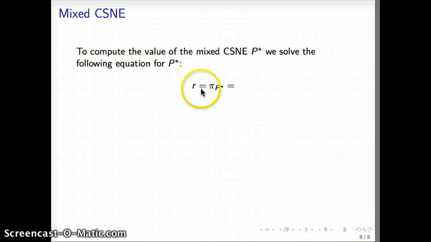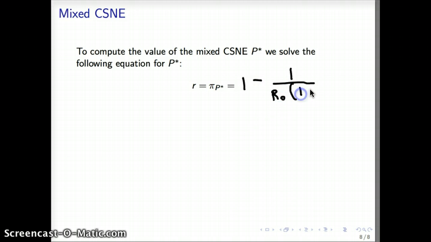That expression is equal to 1 minus 1 over R0 multiplying the quantity 1 minus P star. And what follows is we have to do a little bit of algebra here, and there are a number of ways in which this will work out.